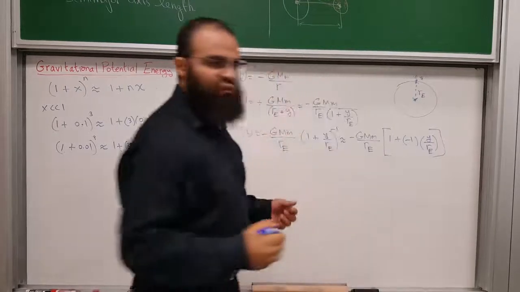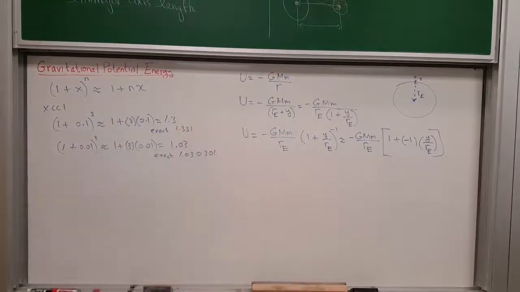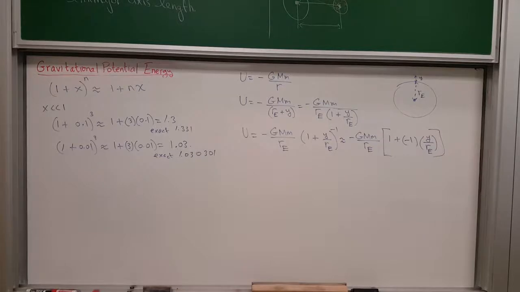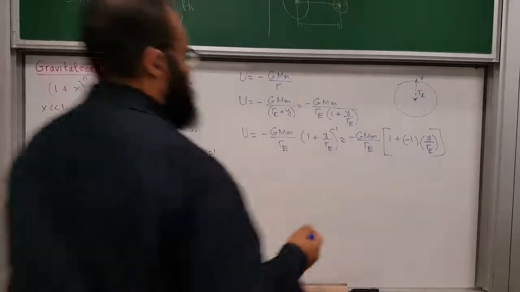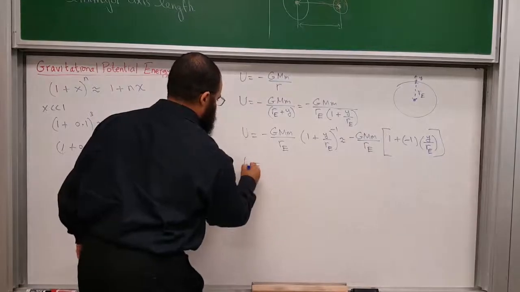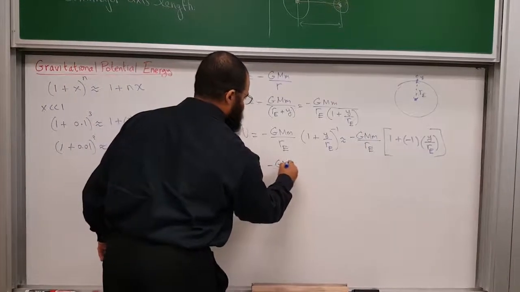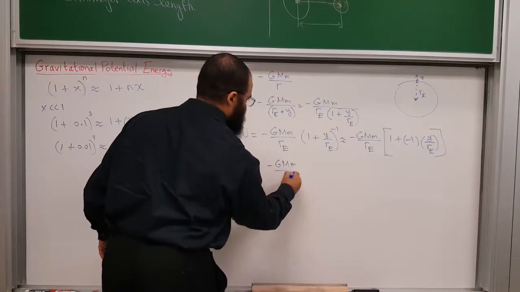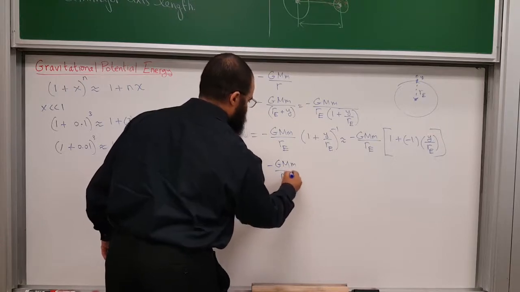And let's expand this a little bit more. Let me just check the timer here. Oh, I have 2 more minutes. So let's expand this. This times 1 would be negative G capital M little m over R Earth.